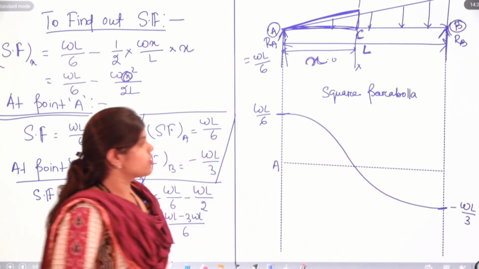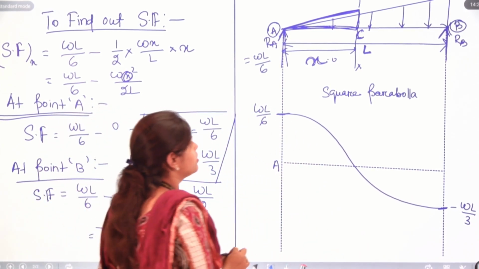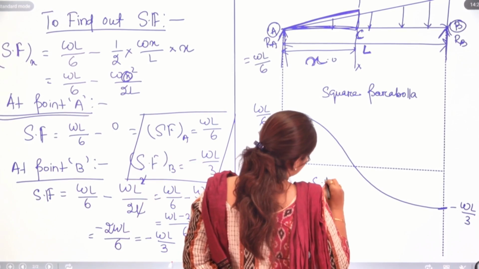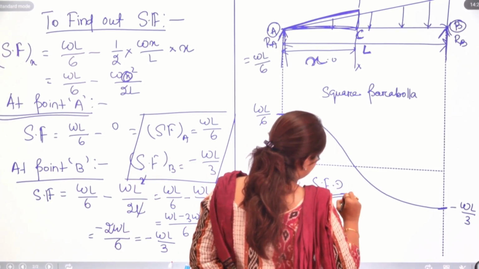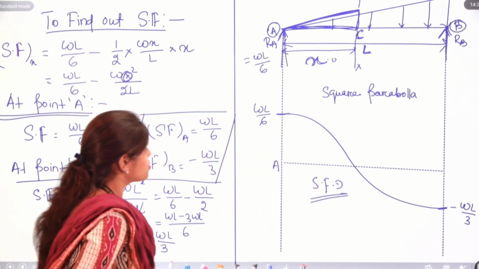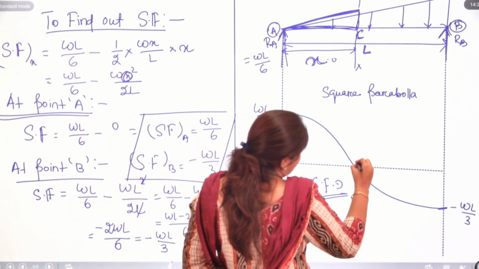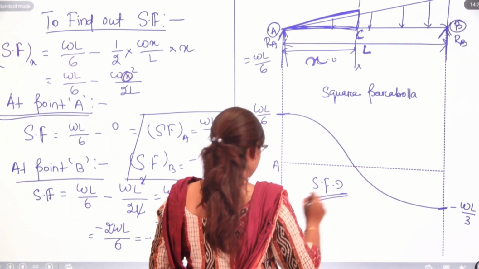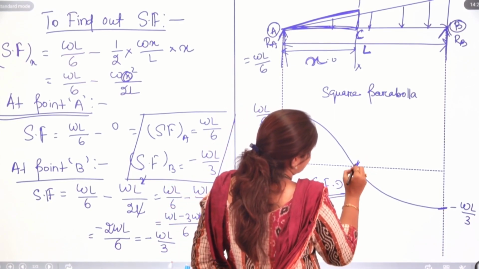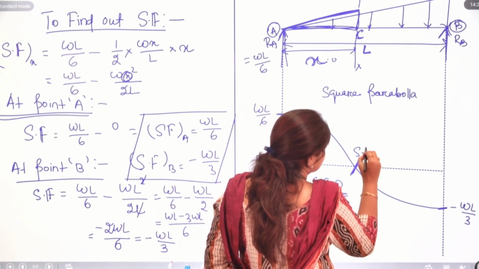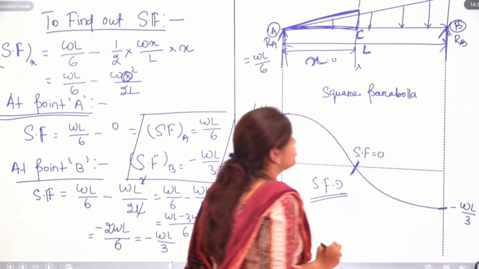Our structure is going to be like this. Here is our SFD diagram. You can see at point X, the shear force is 0.